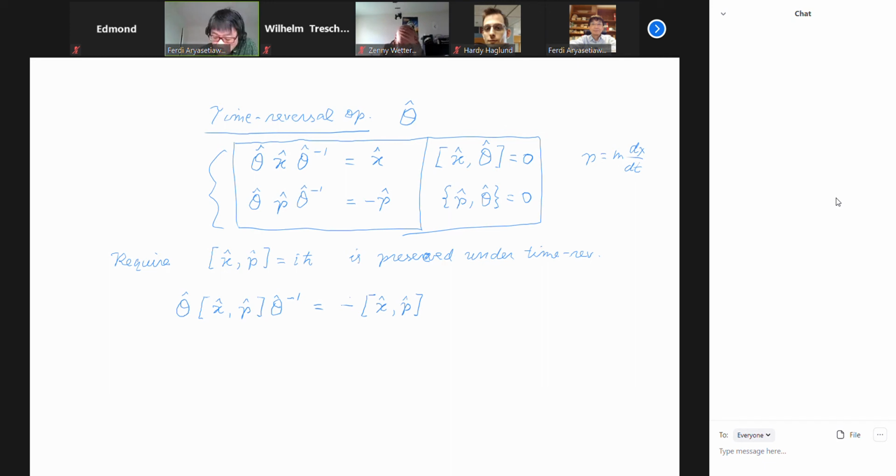And that is then equal to minus h bar, because we want to keep this fundamental commutation. So this means that if we have i h bar here, that would imply that the time reversal operator changes the sign of the complex number, from i to minus i.